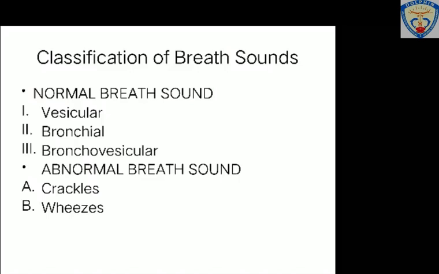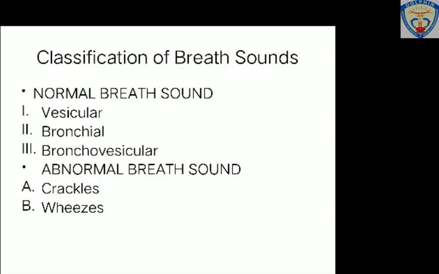Third one is the bronchovesicular. It is softer than the bronchial breath sound, also heard equally during inspiration and expiration, but without a pause in the sound between the cycles. It is heard in the supraclavicular region, suprascapular region, and the parasternal region anteriorly and between the scapulas posteriorly.